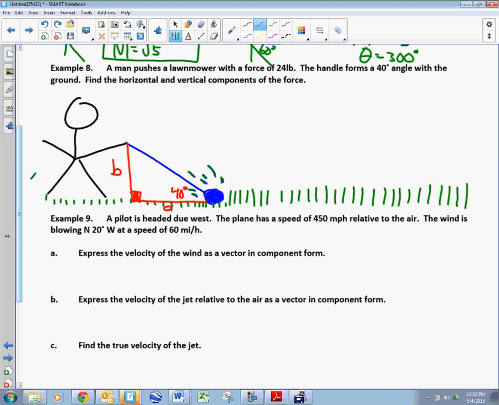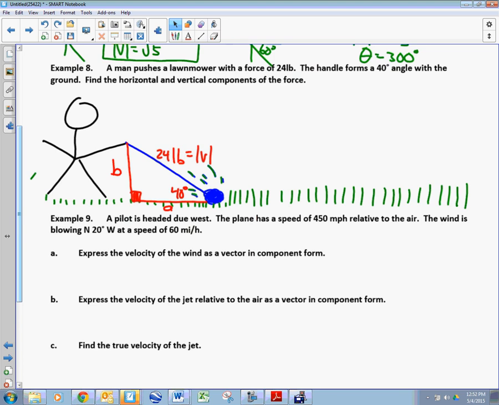And we know the force that he's pushing with, 24 pounds, is going to be the magnitude of the vector. So obviously, if he's pushing the lawnmower, some of that force is going down, some of it's going horizontally. We want to figure out how much force is being distributed in each direction.